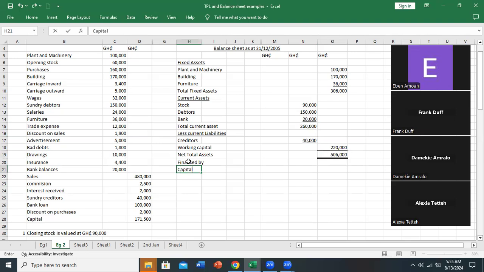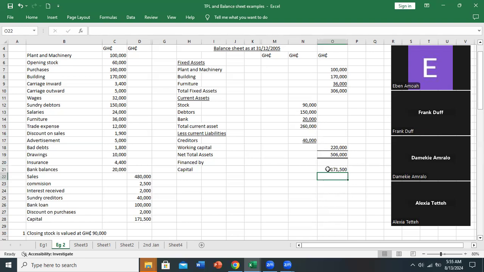Right? So in this question, our capital figure was given as 171,500. Then, as we saw from the previous illustration and format, you add net profit, you less drawings, right?